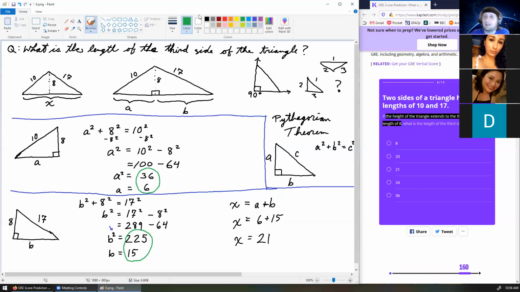Again, remember that the GRE is not just about can you do the math, it's can you first of all figure out what you need to do, and can you figure that out quickly? Because we're taking our time here. We're reviewing, we're relearning all these things that we kind of forgot from high school.